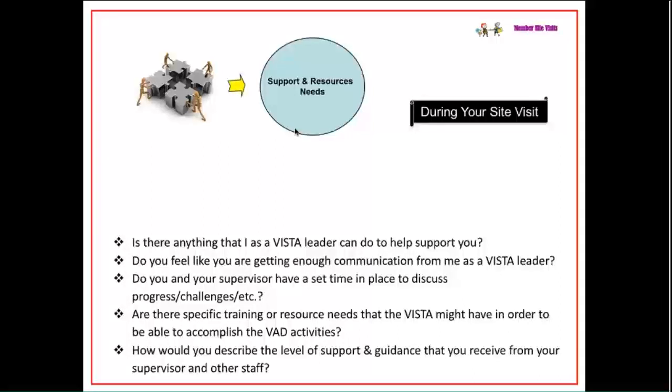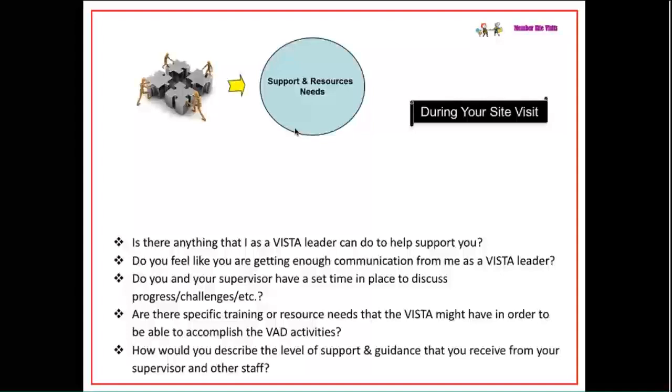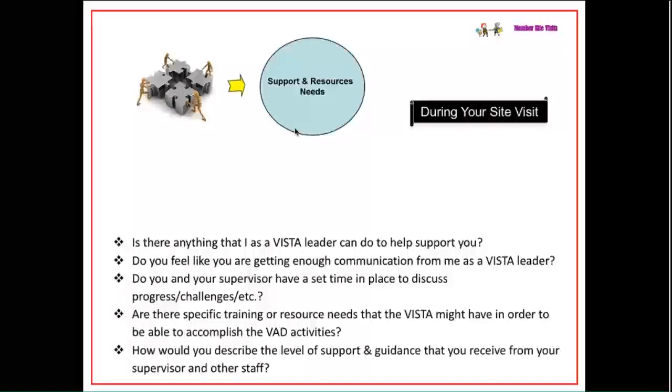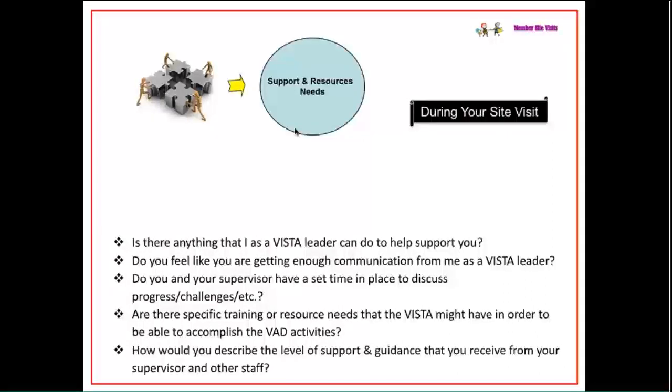But there may be some members who might be reserved or not feel comfortable talking about their needs or challenges. So this is my time to help them to open up and talk about them so we can support and guide them, right?